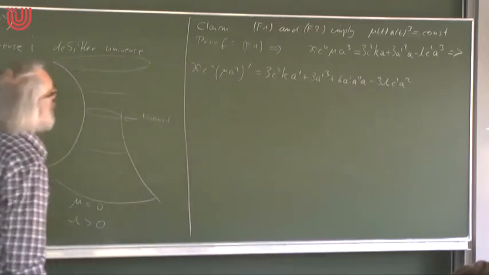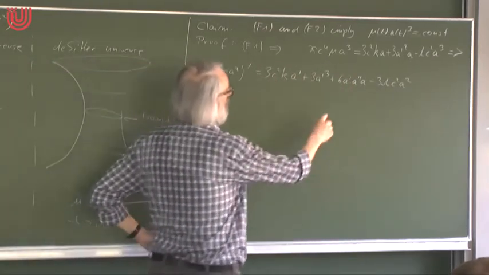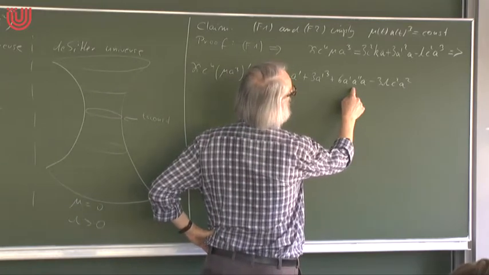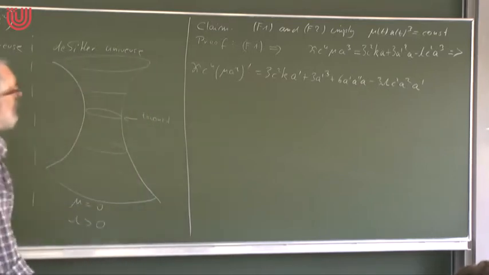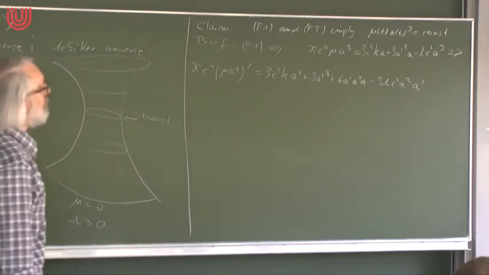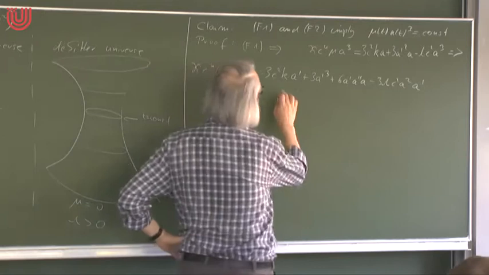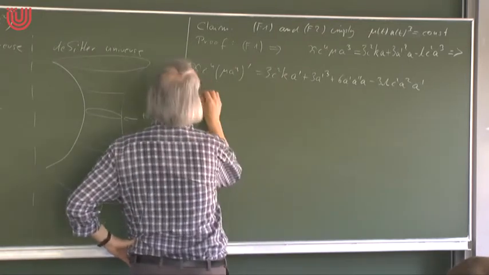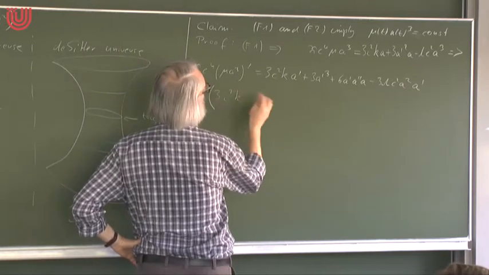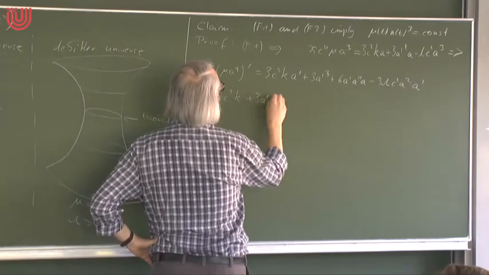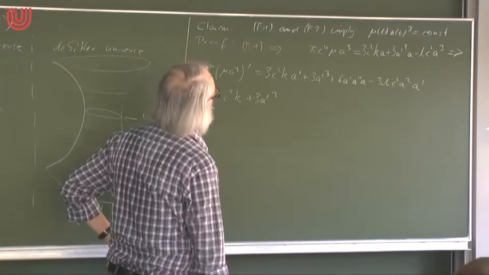Okay? And I have an expression for a double prime. I forgot an a prime here, right? Yes, chain rule, I differentiate with respect to t. First of all, I can take an a prime out of the bracket. Then I get 3c squared k plus 3 a prime squared.